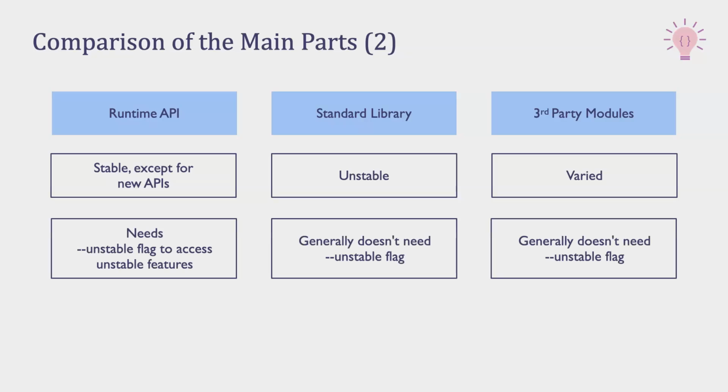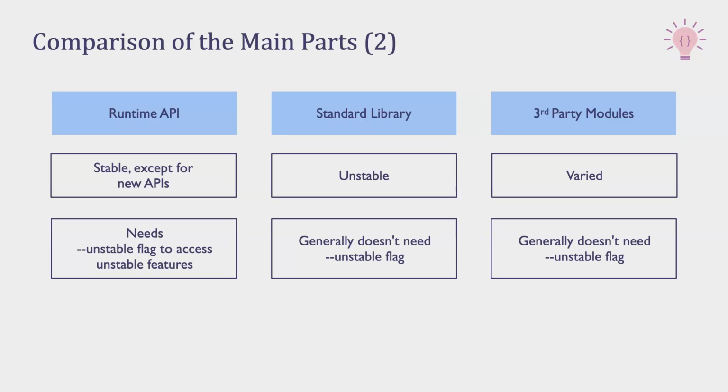Next, for Runtime API, if you want to use the unstable API, then you need to give the unstable flag when you use deno run or deno install. Otherwise, you will not be able to run your code. With standard library, because it is unstable by default, you do not need to use the unstable flag. You can use the standard library right away.